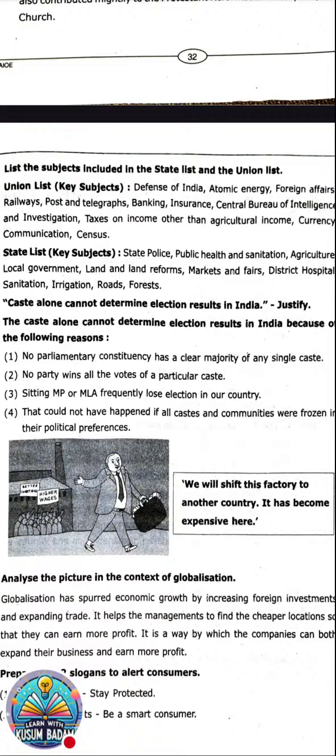If they get cheap labor, they can shift and earn more profits. So they always choose a country which has low cost investment. So here the person is saying, we are going to shift the company as now it is becoming too costly.